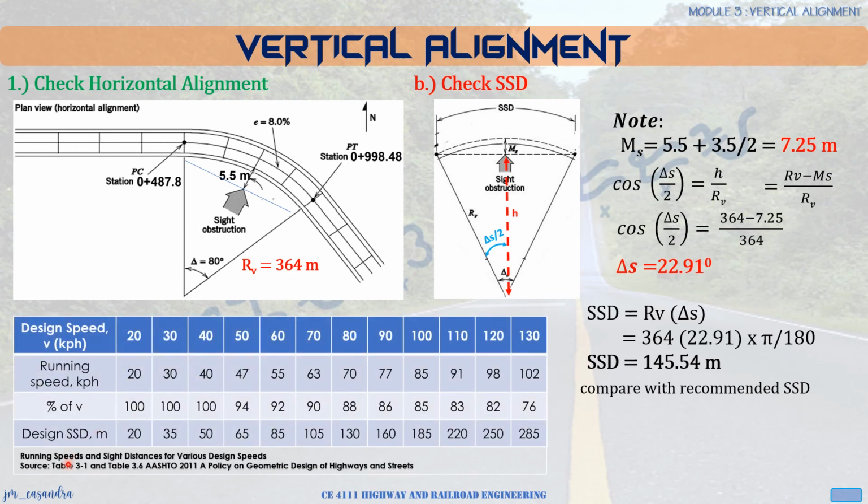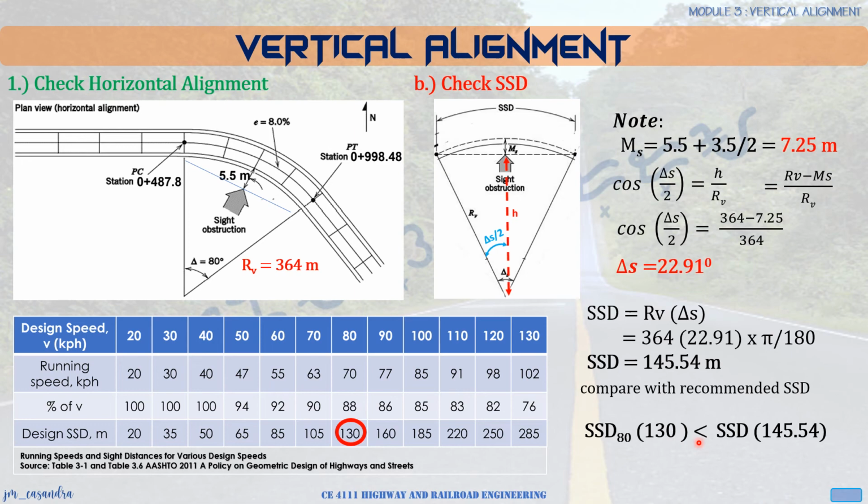So we are given this table. So our design speed is at 80. Equivalent design speed is 130. So comparing it, the recommended minimum SSD for 80 kilometers per hour is 130.